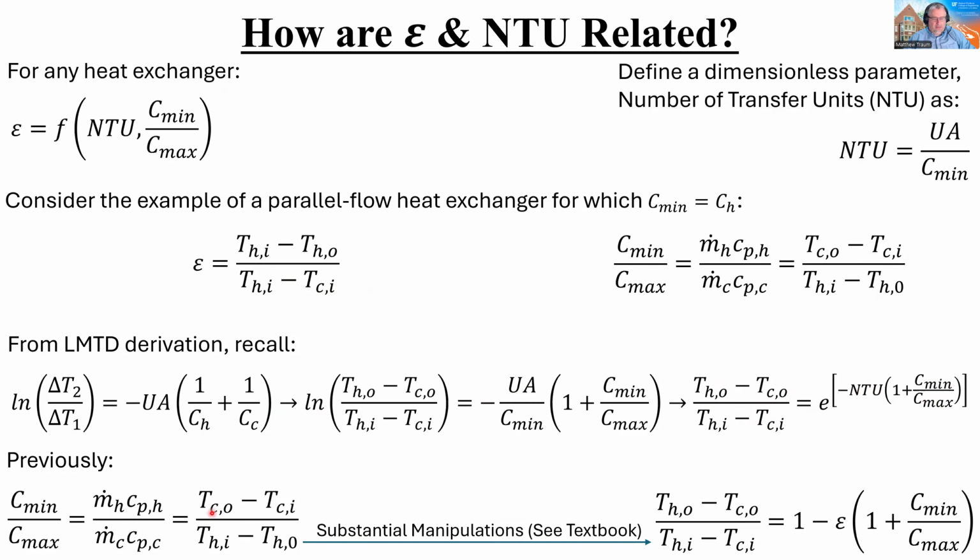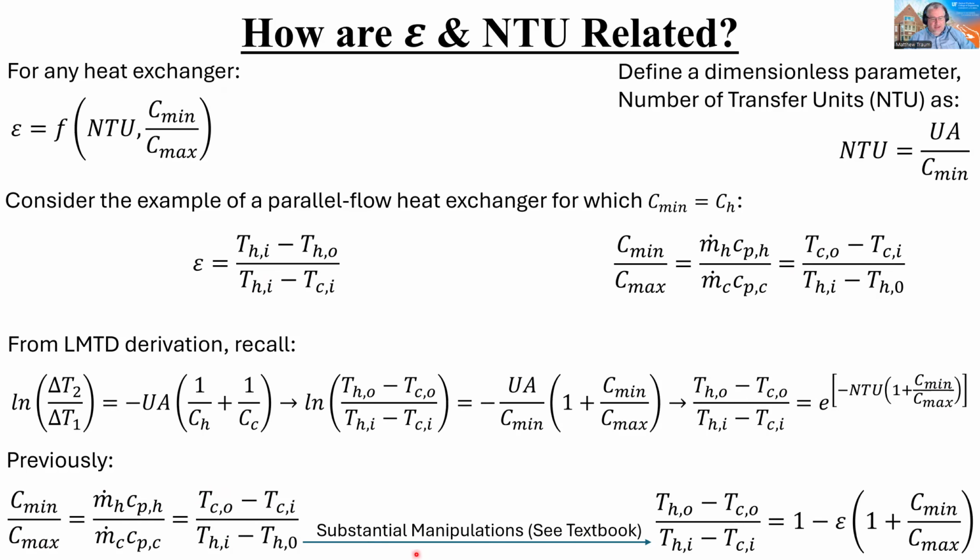Previously I showed you this ratio, which has yet another version of the ratio of temperatures in it, but this is my ratio of thermal capacities. And from here, it's pages and pages of trying to get this ratio of temperatures to look like this ratio of temperatures to look like this ratio of temperatures, to set them all equal to each other.